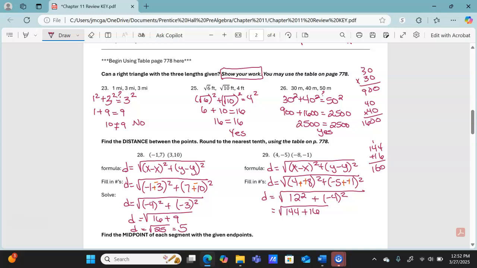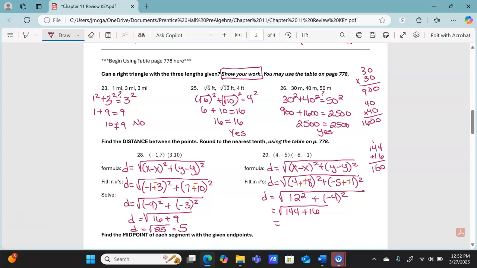And then if you look on page 778, you would have that one, to the nearest tenth. You're not going to be able to do that using the table. You could find it to the nearest whole number by looking in the n squared column and find out that it's 13.